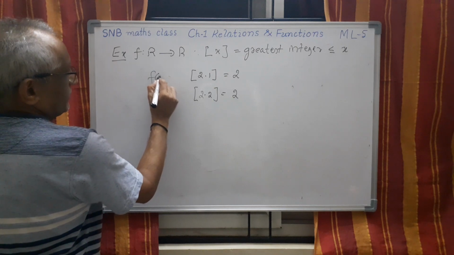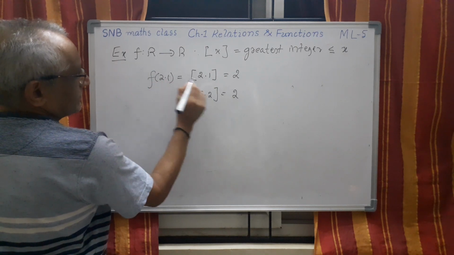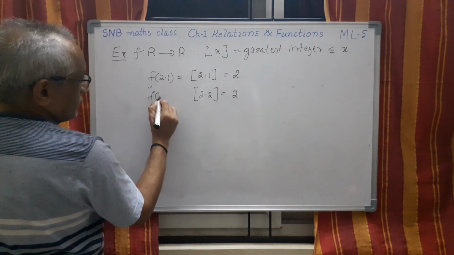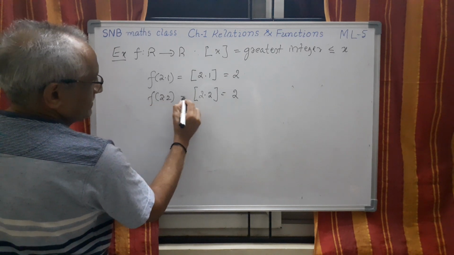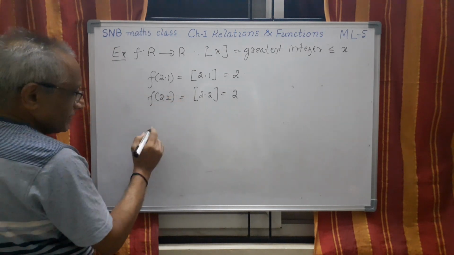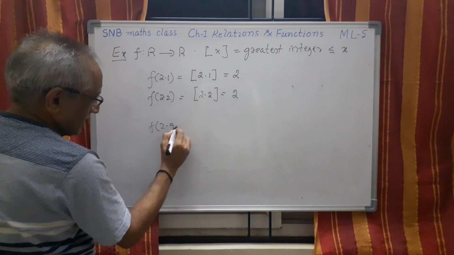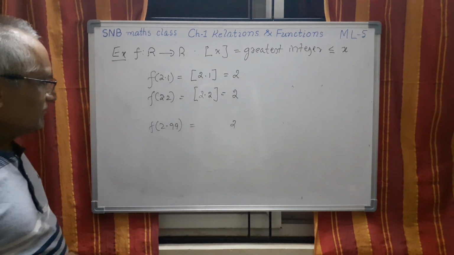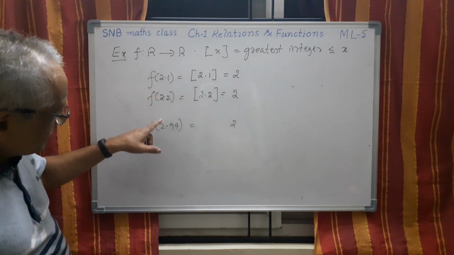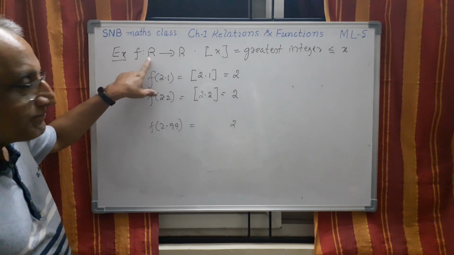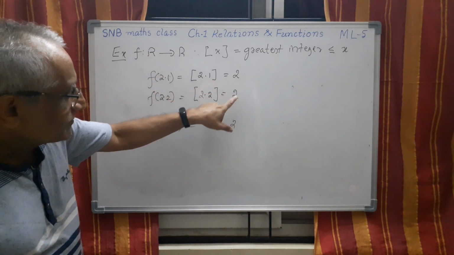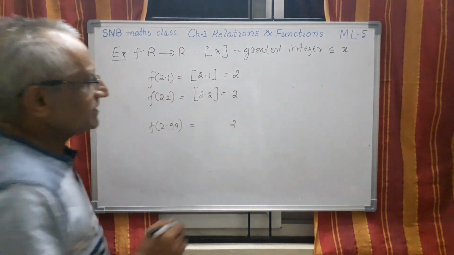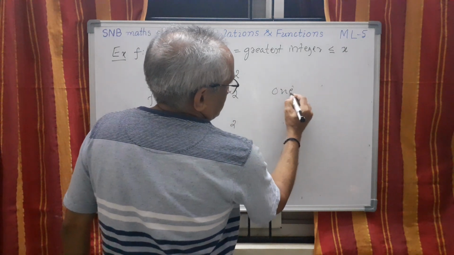Therefore, f of 2.1 is 2. f of 2.2, this is also 2. Like that actually, f of 2.99, whatever you take, this is also 2. That means there are many numbers here in the domain which are going to 2. So definitely it is not 1-1.